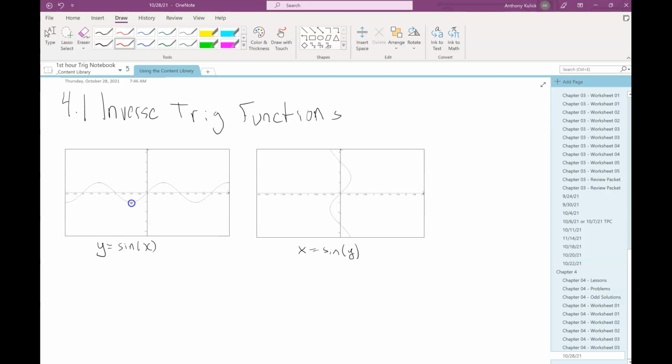So I'm going to pick some section of this graph where no y coordinates are repeated, but all the possible y values get used. So really I just need to take from extrema to the next extrema. The standard place where we do that is from negative pi over 2 to positive pi over 2, just because it includes 0 and that's kind of nice.